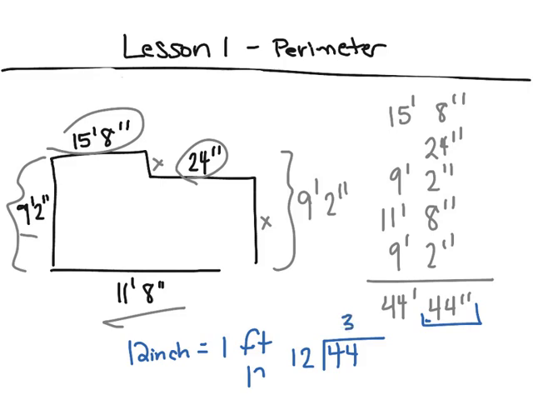It goes in 3 times. 12 times 3 is 36, and 44 minus 36 is 8. So we'd have 8 inches left over. So we're going to take 44 feet plus 3 feet, 8 inches. Altogether, we have 47 feet and 8 inches.